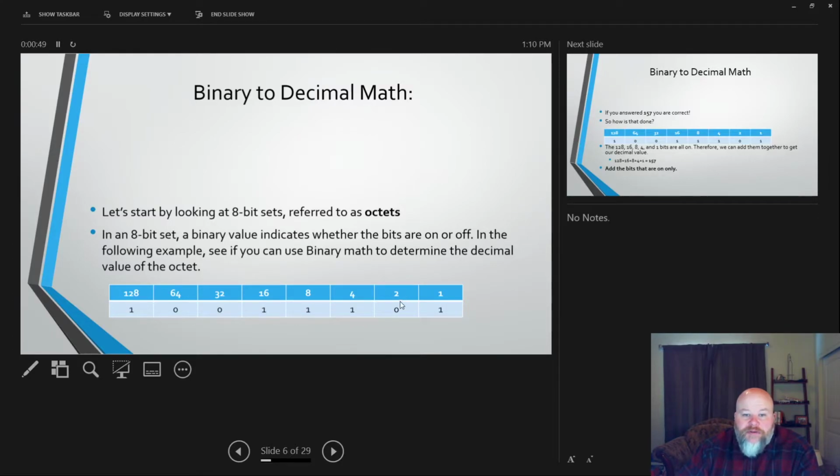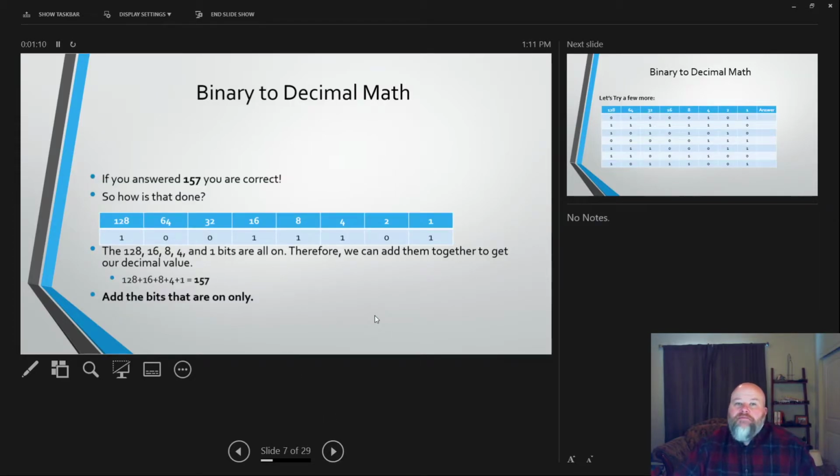We're going to skip 2 because its bit is off, plus 1. So 128 plus 16 is 144. Plus 8 is 152. Plus 4 is 156. Plus 1 is 157.